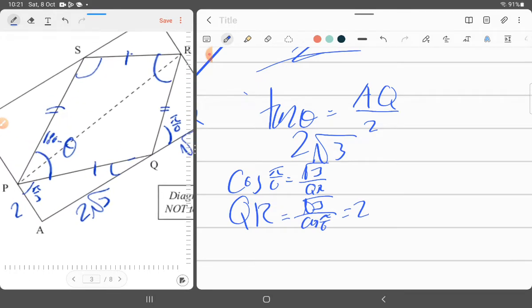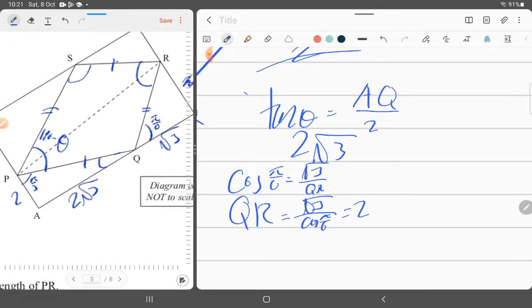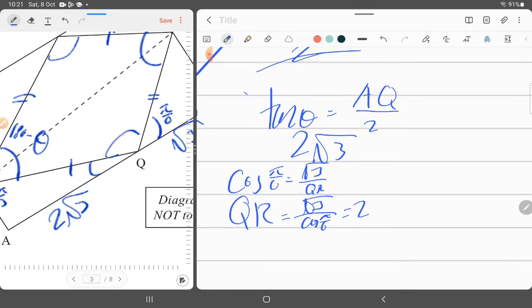Then we get, so we want to get the distance. So this is pi over 6, so this is pi take away pi over 3, which is equal to 2 pi over 3.